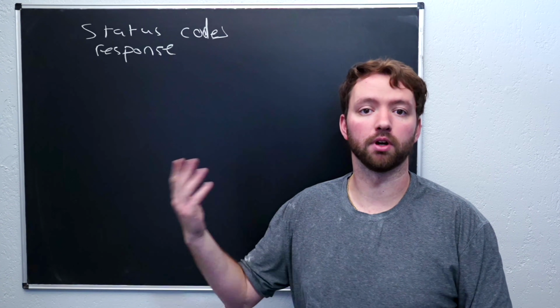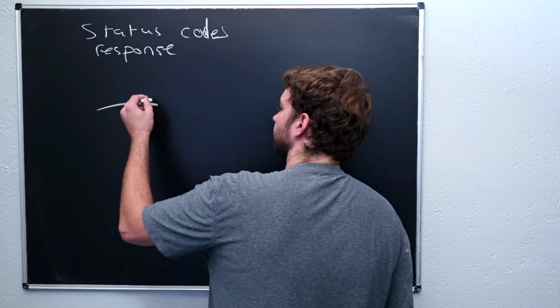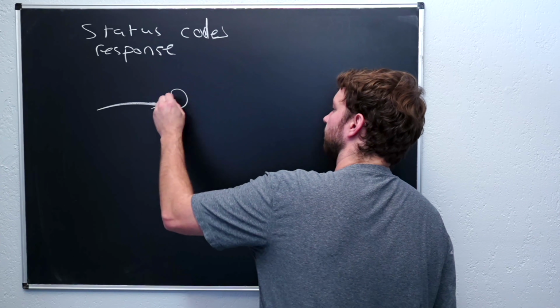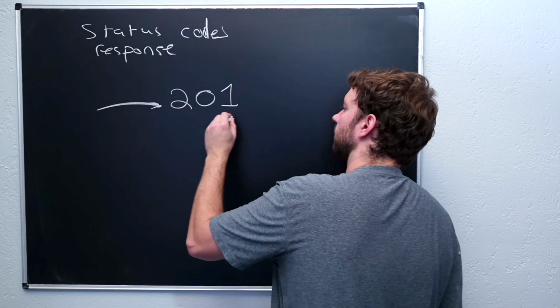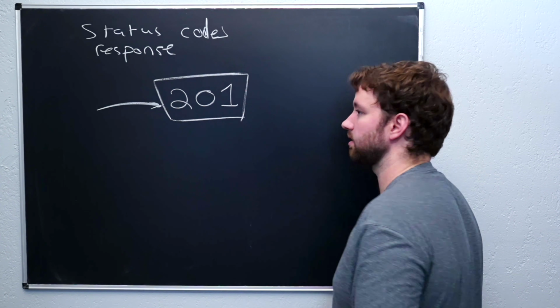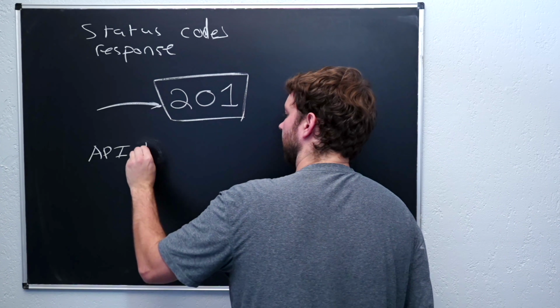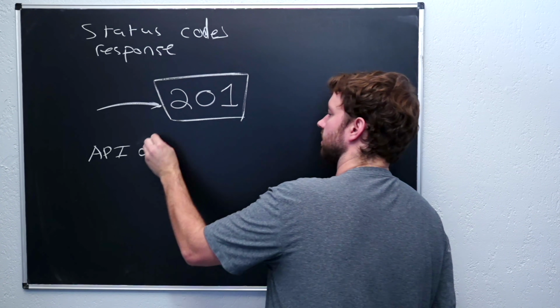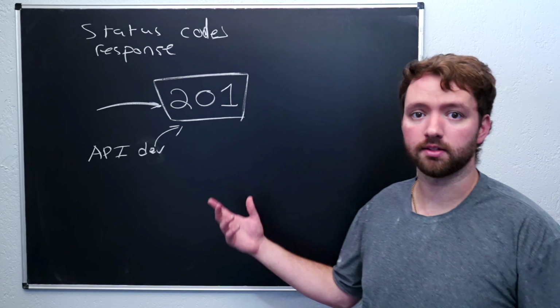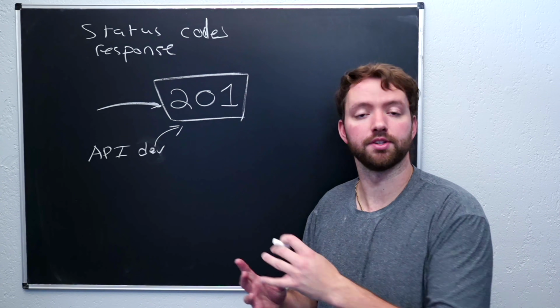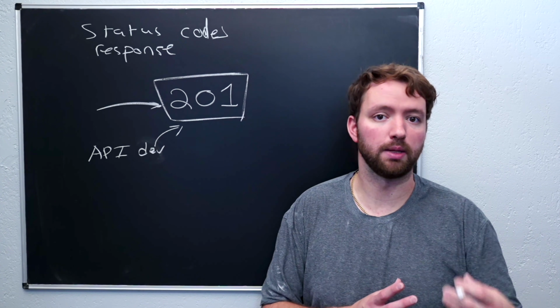So we just looked at how to make a request, but the backend might give back a status code, for example, 201. This is just one example of a status code, and every single one of these codes has some implicit meaning. Now you, as the API developer, can send back whatever status codes you want, but generally you'll follow conventions in a similar way you do with HTTP methods.